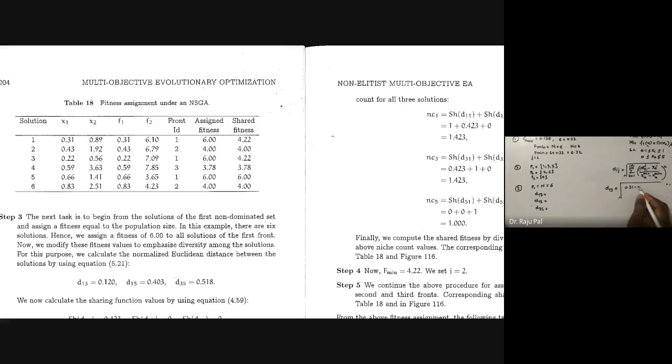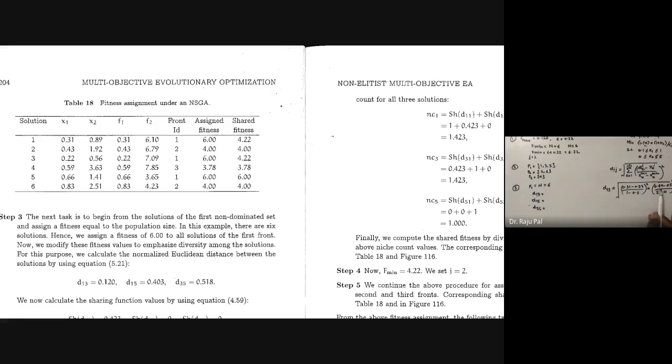So it should be like this: 0.31 minus 0.22 divided by the maximum value, which is 1, minus the minimum value, to the power 2, plus again for the second dimension 0.89 minus 0.56 divided by the maximum value 5, minimum value 0, to the power 2.